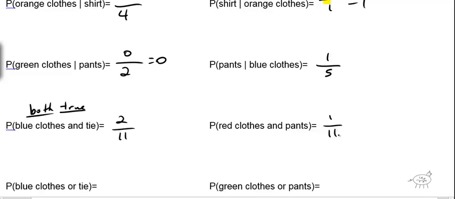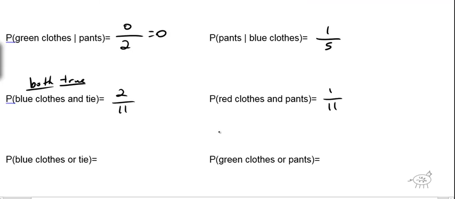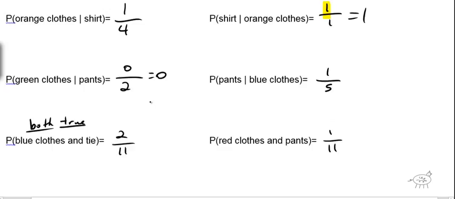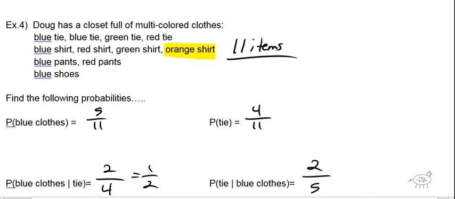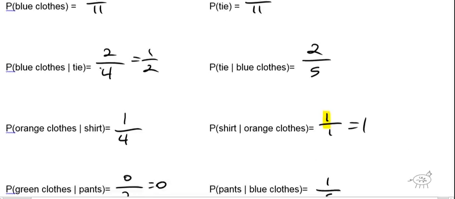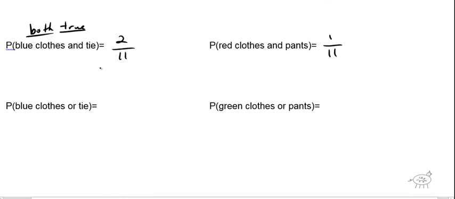Now we've got or. Blue clothes or ties. The probability of getting blue clothes is 5/11, and the probability of getting a blue tie, there's 4 of them, so it's 4/11. So it's 5/11 plus 4/11. Now what do you have to do?